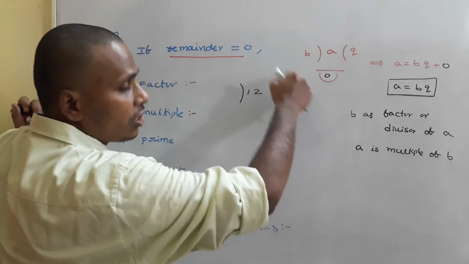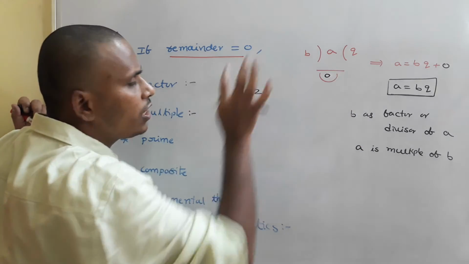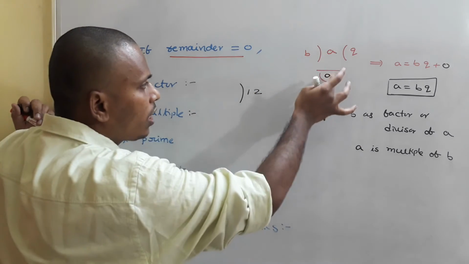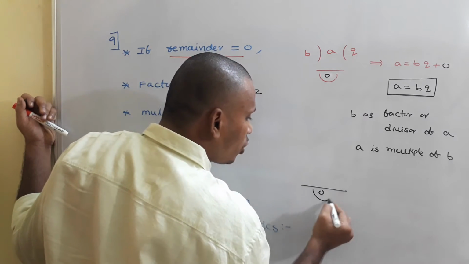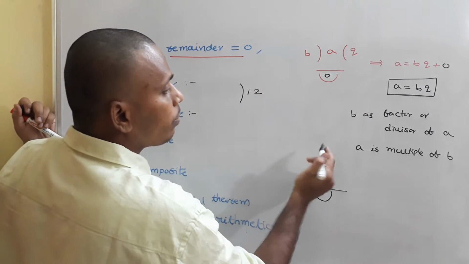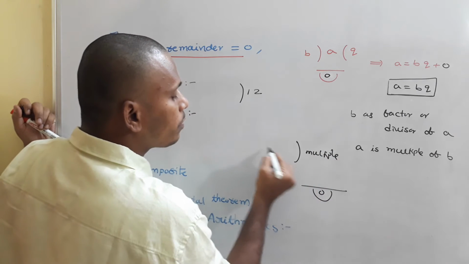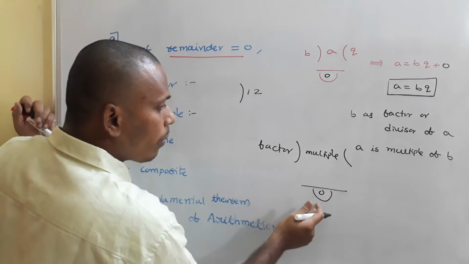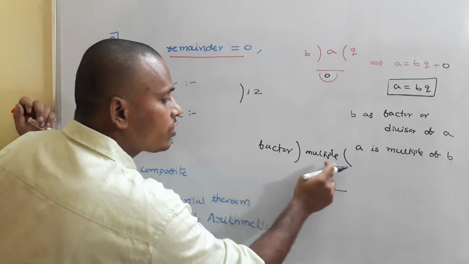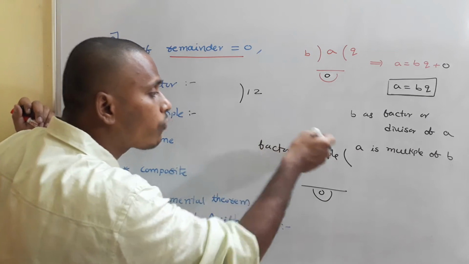From this discussion, if there is some remainder, A is the dividend, B is the divisor, Q is the quotient and R is the remainder. But if the remainder is 0, then this place A corresponds to the multiple and this place B corresponds to the factor. If the remainder is 0, we call the dividend a multiple of the divisor and the divisor a factor of that dividend.